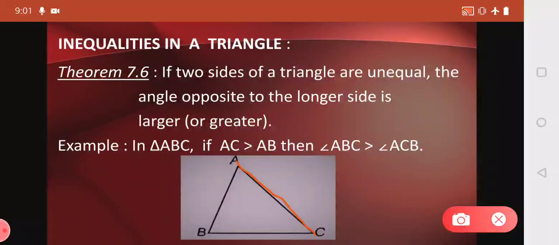So, the opposite angle of side AC will be ABC. Similarly, opposite angle of side AB, this is our side AB, so opposite angle will be ACB. So, we write angle ABC greater than angle ACB.